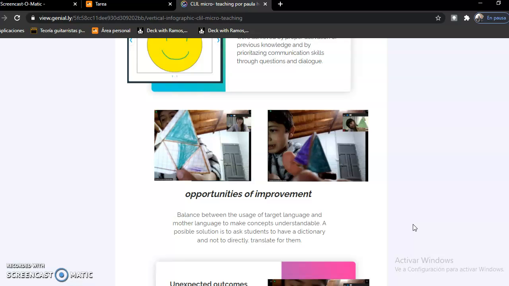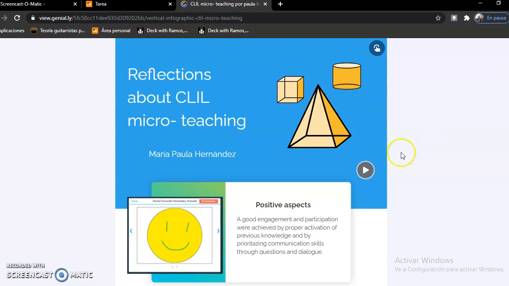So the teacher has really hard work studying this before teaching it, and learning about vocabulary and concepts, and then will have the practice to share this knowledge with the students. I think this is the importance of CLIL in our microteachings, in our teachings in general. So thank you very much.